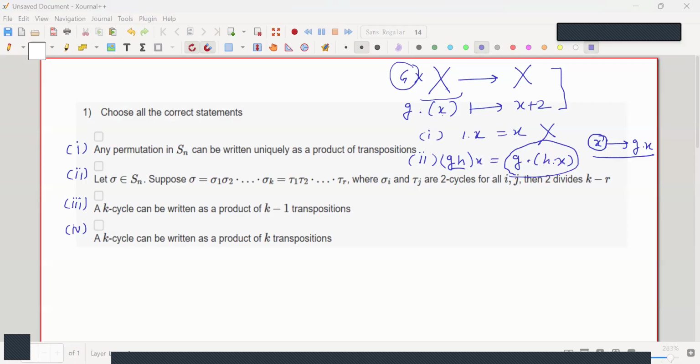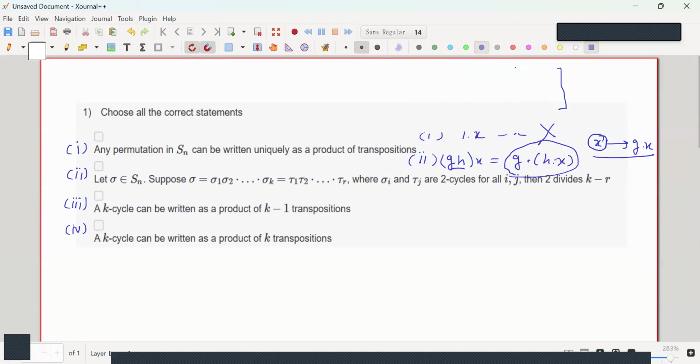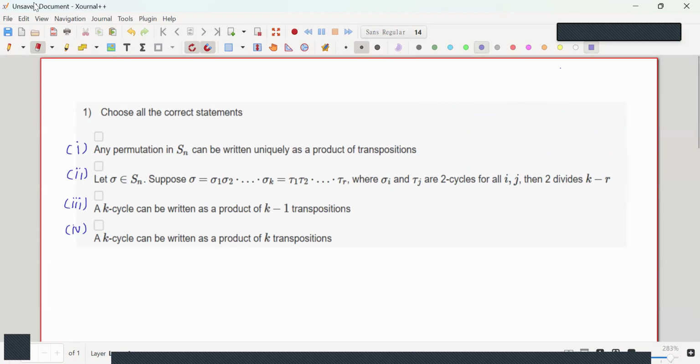For example, the group of rotations. As a group, you can study them just as abstract objects, but why are they called the group of rotations? Because there is an object for which the rotations are determined using that group.